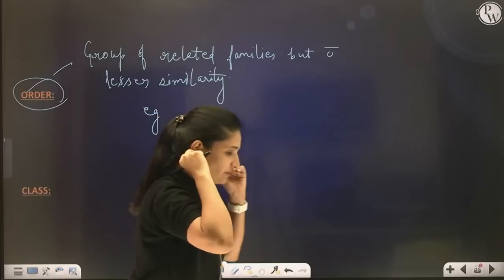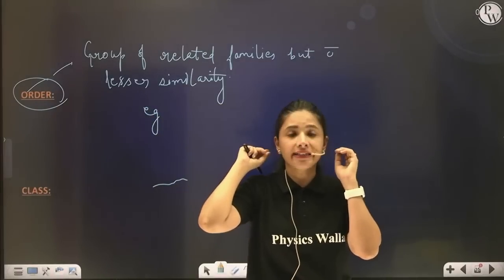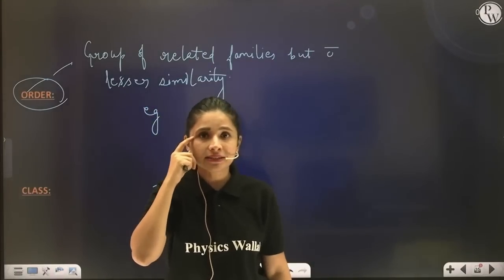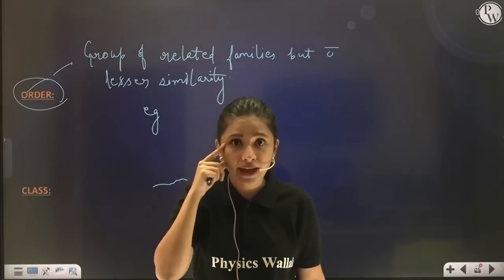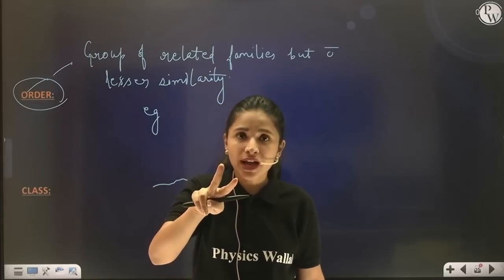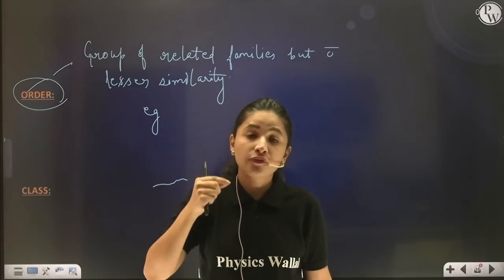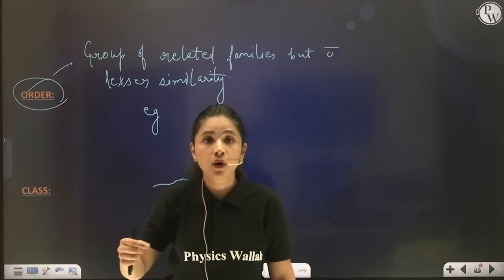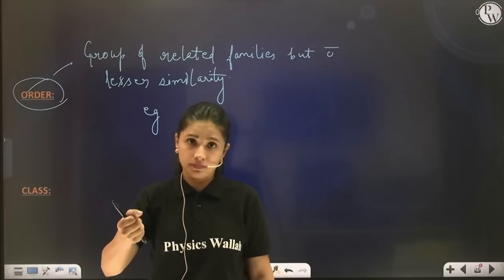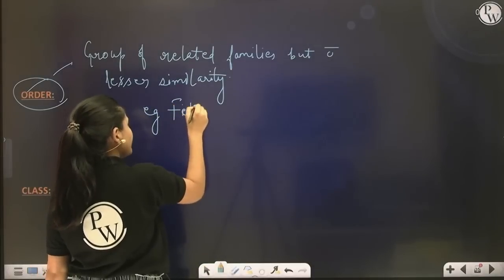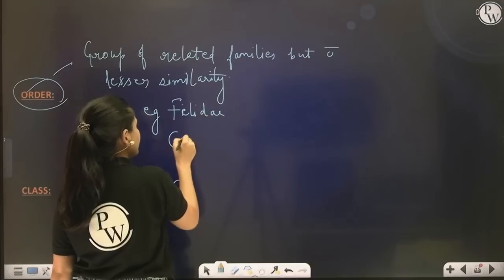Okay. So beta, one family is Felidae, the cat family. Another family is Canidae, the dog family. Both these families are carnivorous. They feed on flesh. Therefore, they belong to the common order called Carnivora. Let's write this example. Felidae, Canidae.